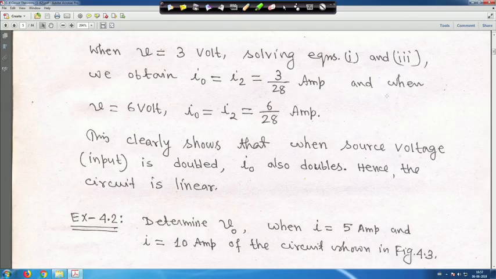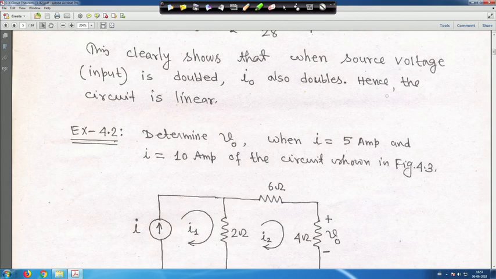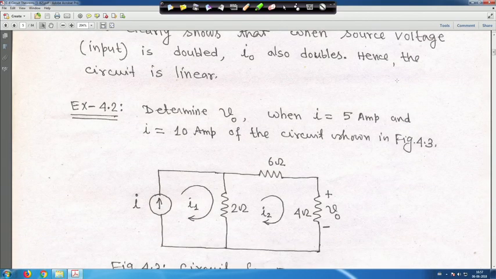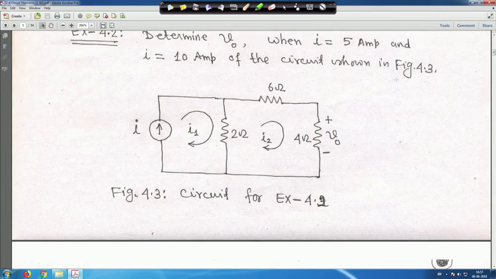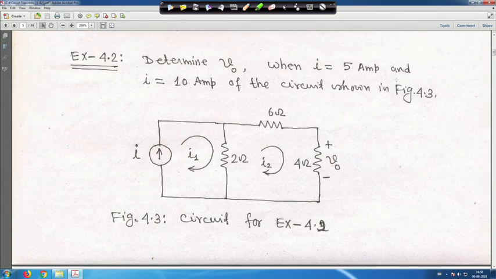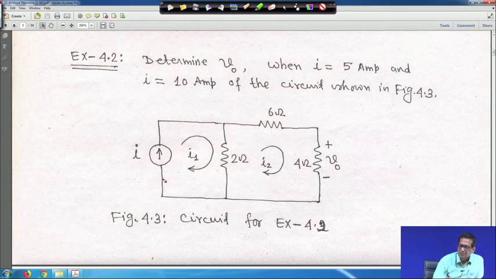Similarly, take another one: determine V0 when I is equal to 5 ampere and I is equal to 10 ampere for the circuit. Here I is a current source, and you find V0, this voltage.